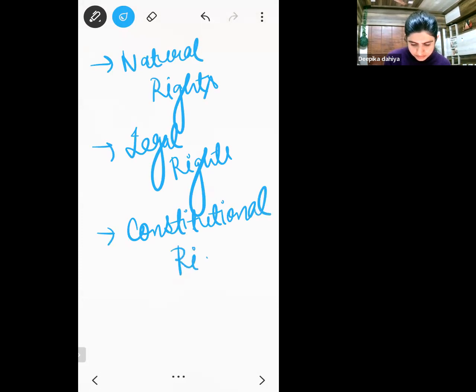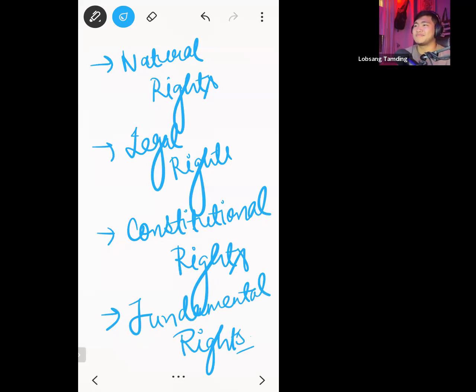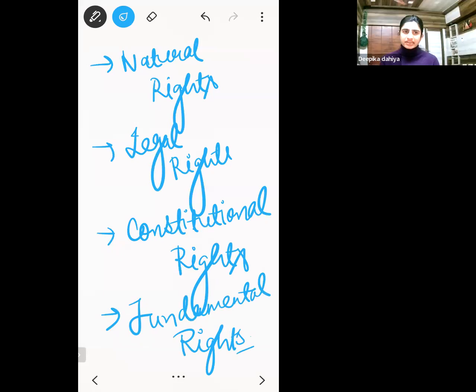And fourth is fundamental rights. Tell me what is the difference between them. I don't know. No idea? You can try, you can guess.